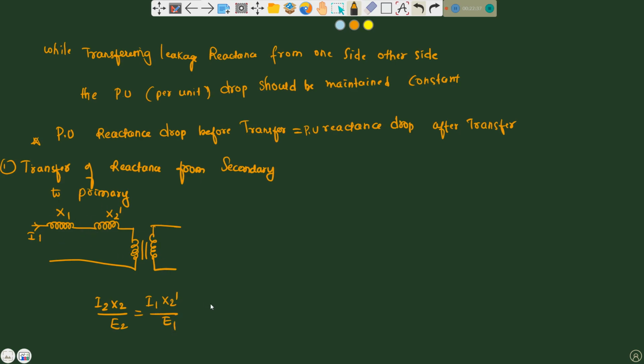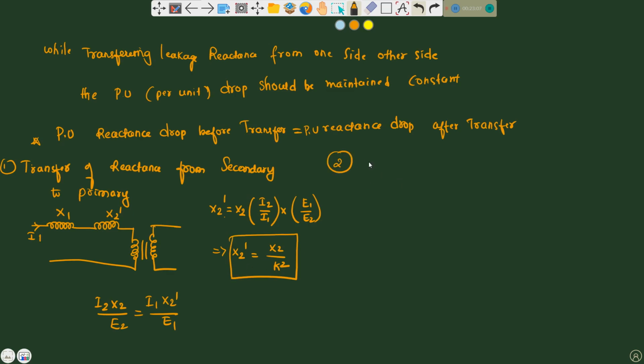Then we get x2 dash equals x2 into I2 divided by I1 into E1 divided by E2. From this we can write that x2 dash will be x2 divided by k square. Understood?